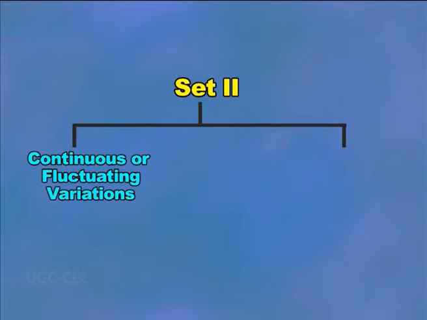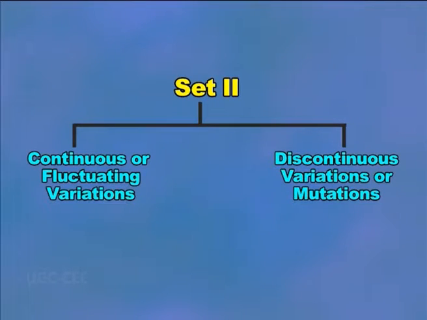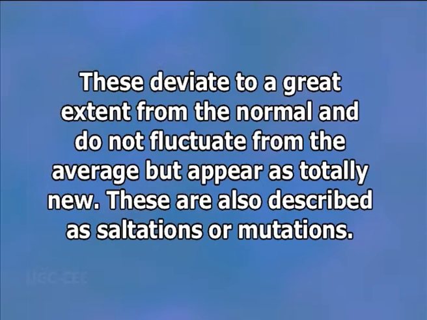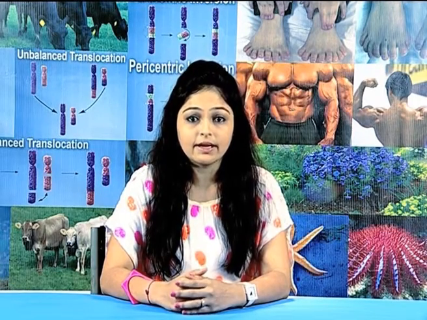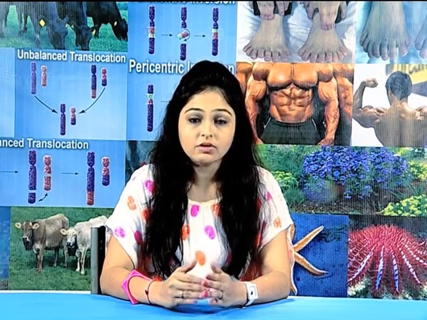The discontinuous variations are sudden and large. These deviate to a great extent from the normal and do not fluctuate from the average, but appear as totally new. These are also described as saltations or mutations. These are mostly stable and heritable, being transmitted to succeeding generations.